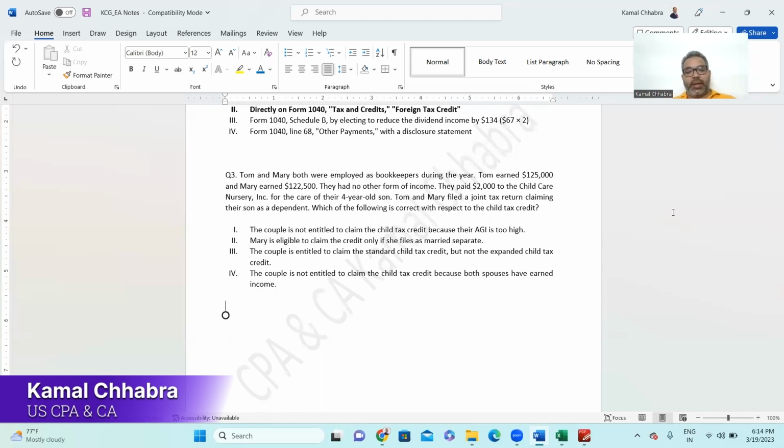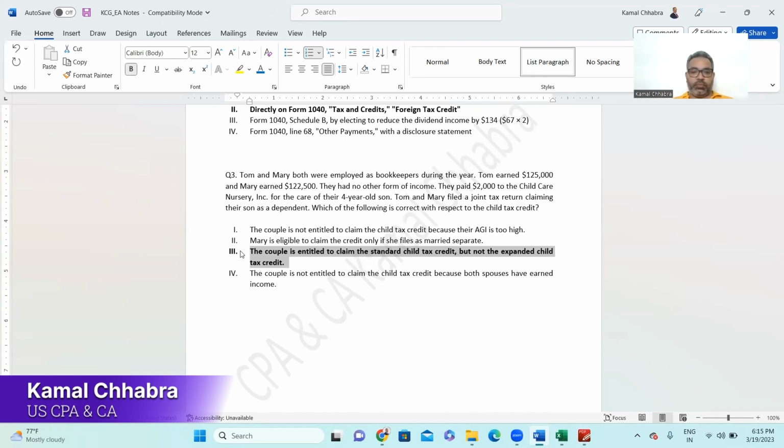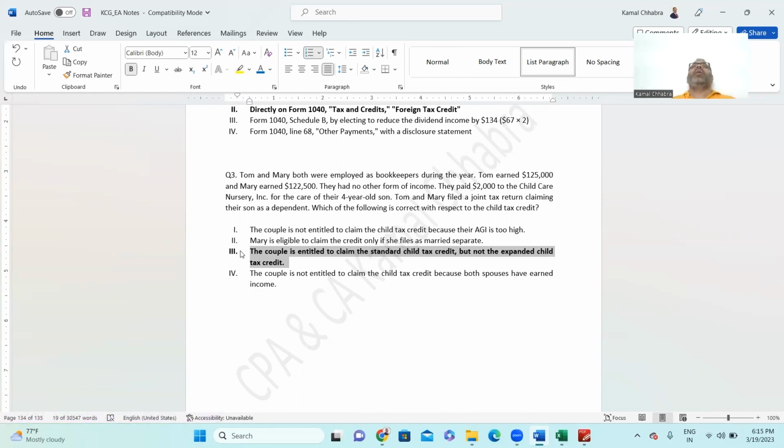The couple is entitled to claim standard child tax credit, but not the extended child tax credit. Does that make sense? Third option. Yes or no, guys?